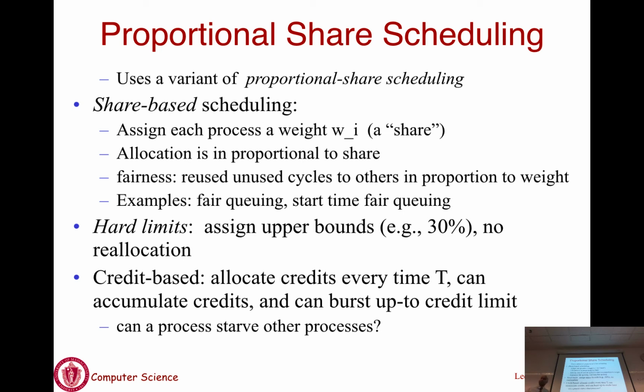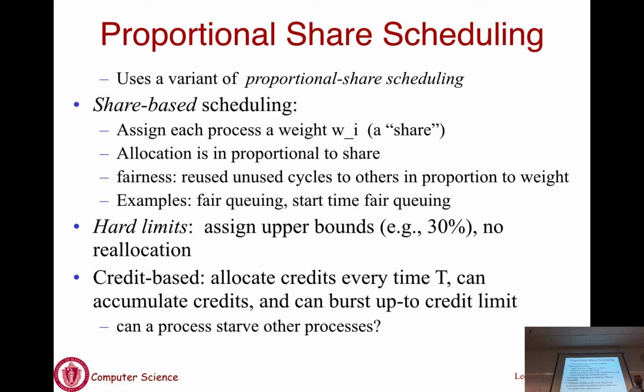Of course, you can also do absolute allocation by assigning what are called hard limits. In hard limits, you specify an absolute percentage that's allocated to the container. And needless to say, the sum of all the allocations cannot exceed 100%. So if you say container 1 has 30%, you give it 30%. It doesn't matter whether it uses it or not.